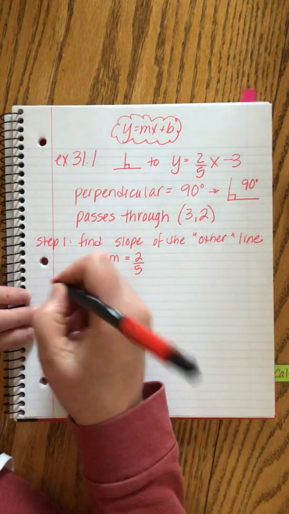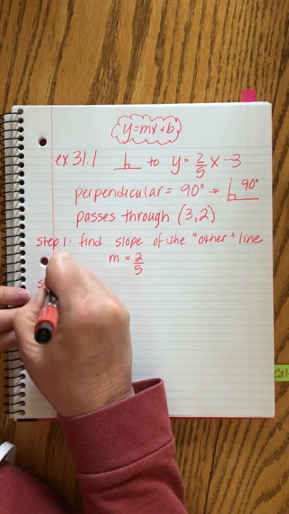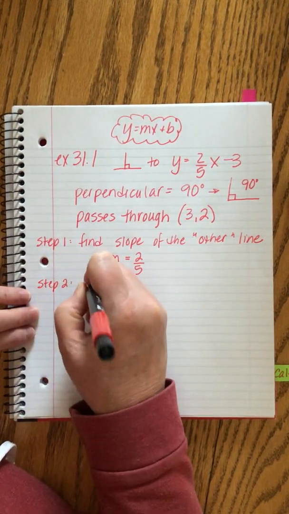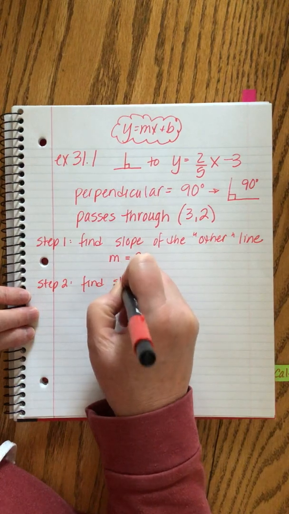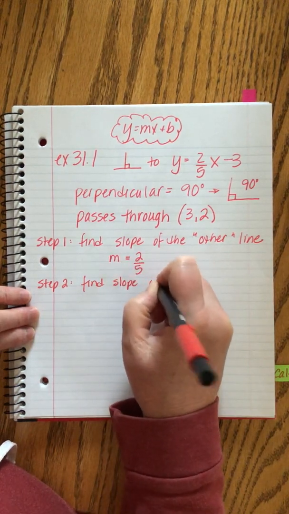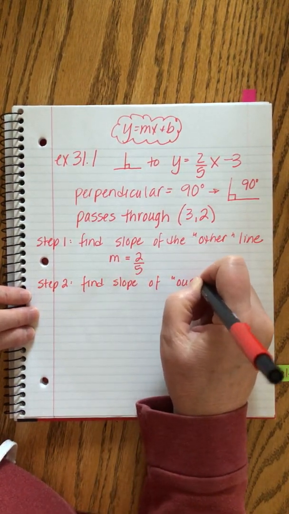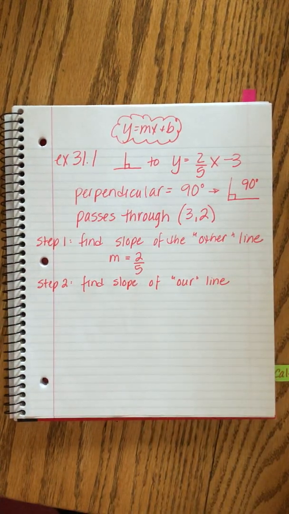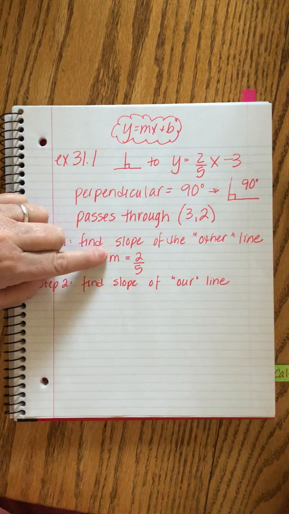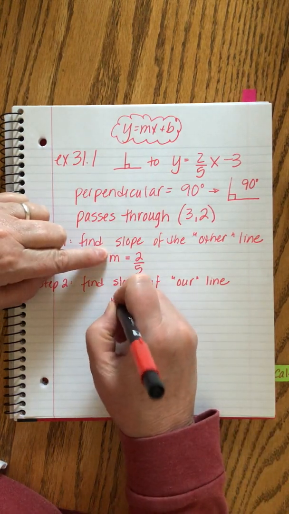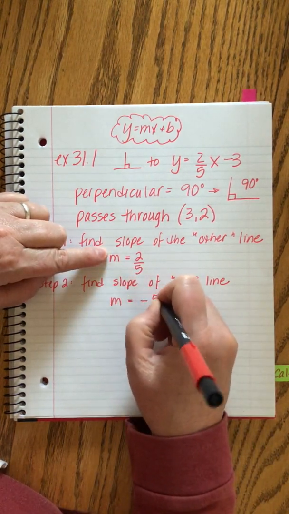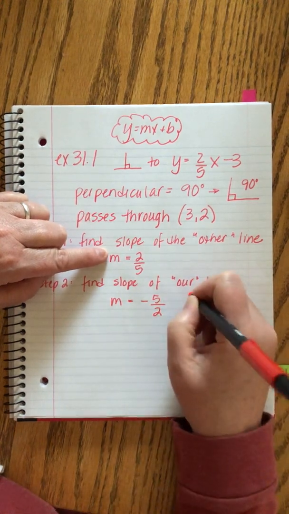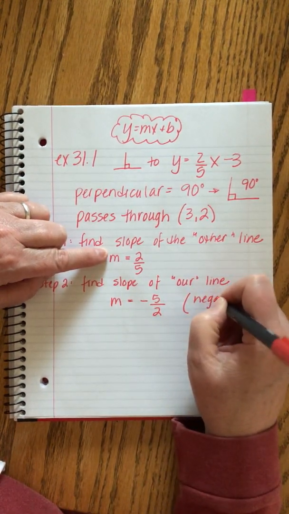Okay, now the second step is to find the slope of what I call our line, the one that we're trying to come up with. Well, they're perpendicular, so we know that our m equals minus 5/2. It's the negative reciprocal.